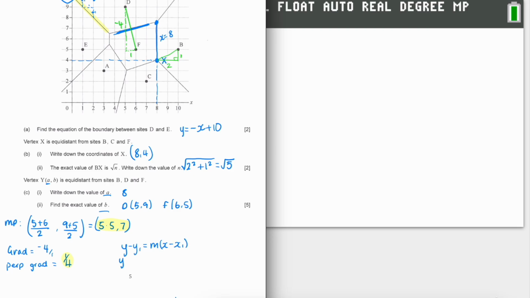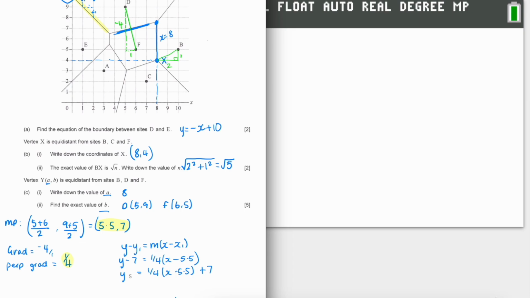So the y coordinate of the midpoint is 7, the gradient is 1/4, and the x coordinate of the midpoint is 5.5. So I need to expand this out. Now you can literally just write this as 1/4 (x minus 5.5) and then add on the 7. You don't need to do more than that for this question.